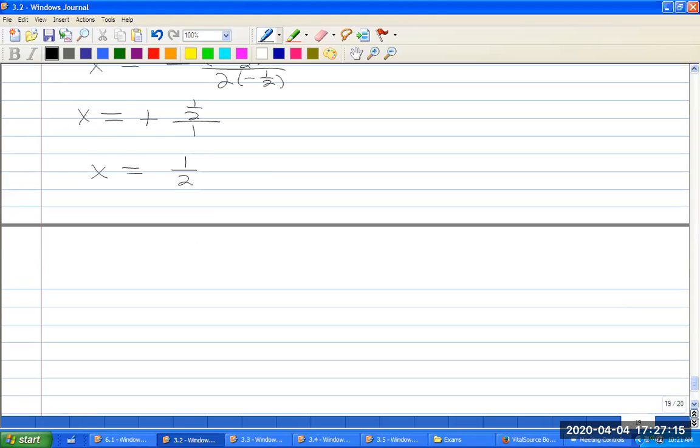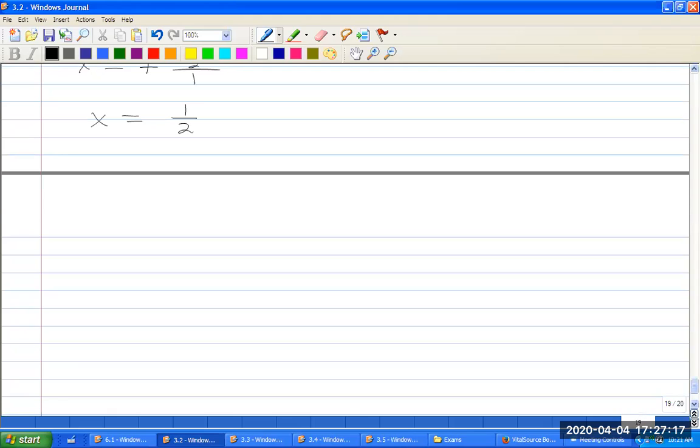Now let's determine what y is. I know that y is equal to 1 minus x, so y equals 1 minus 1/2, which is 1/2.